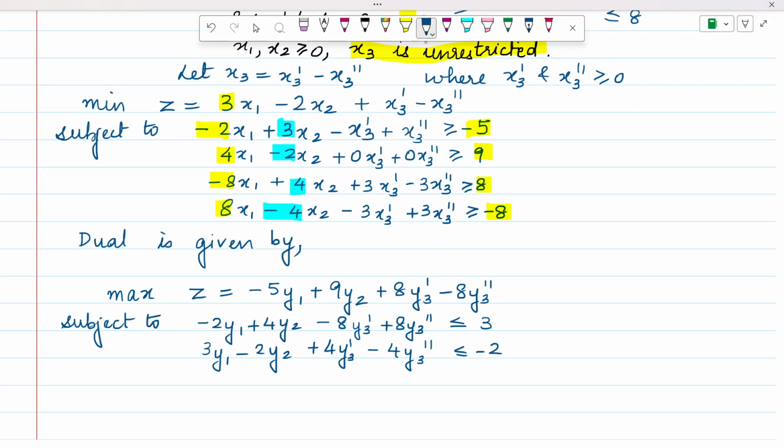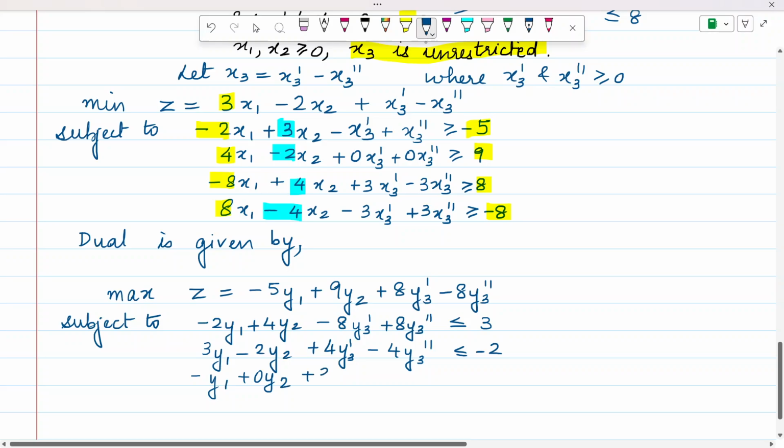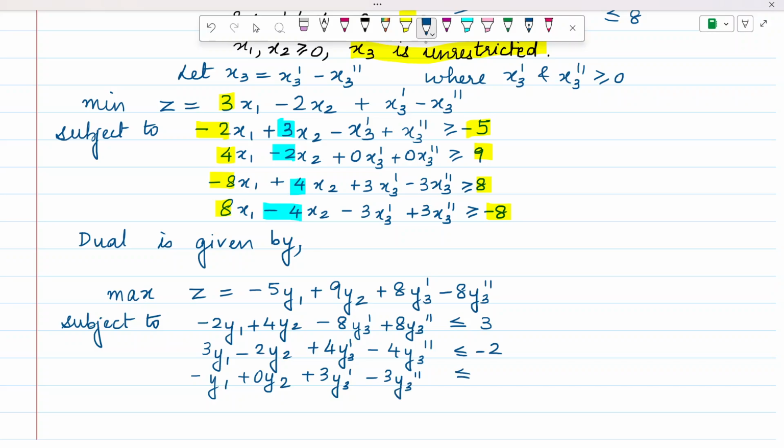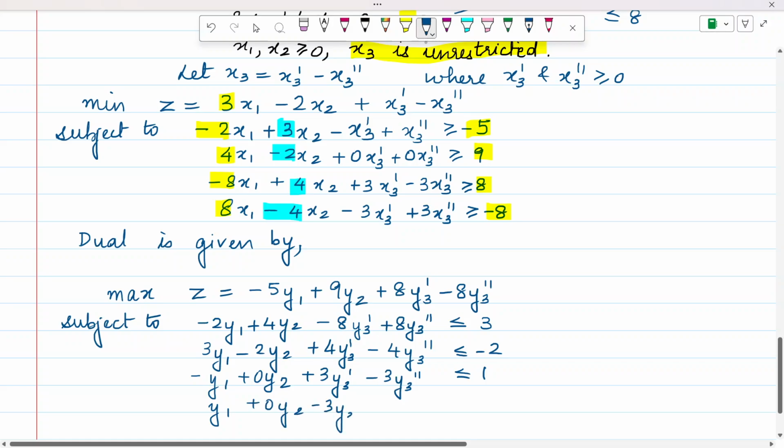Then we'll continue further with negative 1, y1, plus 0, y2, 3 times y3 prime, negative 3 times y3 double prime, less than or equal to 1. The last one, we'll have y1, 0, y2, negative 3y3 prime and positive 3y3 double prime. Again, less than or equal to negative 1.